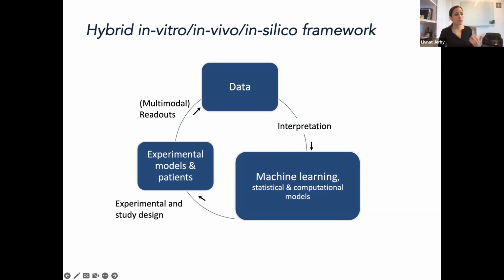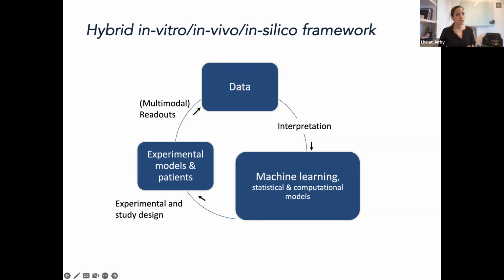And then our experimental models and patient-focused studies are designed in a way that allows us to obtain multi-level layered readouts and data that we can then use to first validate these predictions and gain insights into how things actually work, not only in theory, but also we can feed this data back to the machine learning models in order to further train them.